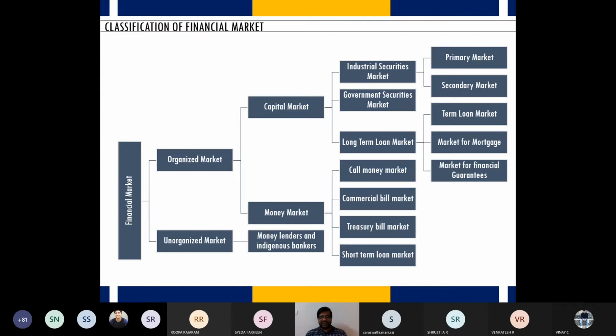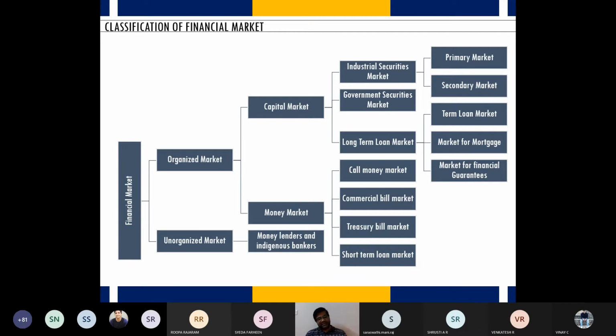But still, by and large, India's financial market remains highly unorganized, right? So the transactions that happen between your friends will come under the unorganized market.